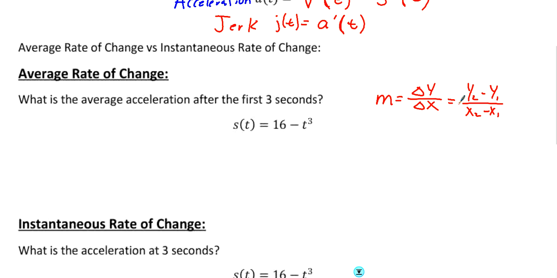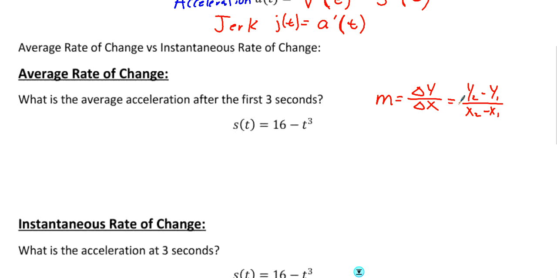Okay, you can't find the average of something if there's just one of it. Okay, that doesn't even make sense. So when you see average rate of change, you know that you're dealing with a rate of change between 2 points. Okay, so in this case, we're talking about average acceleration.